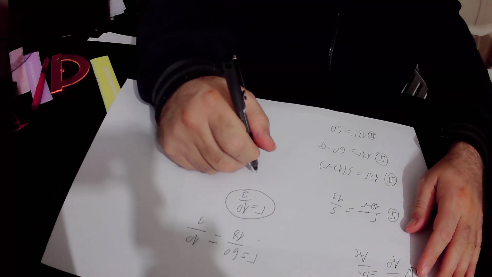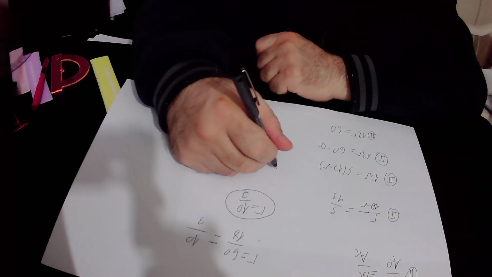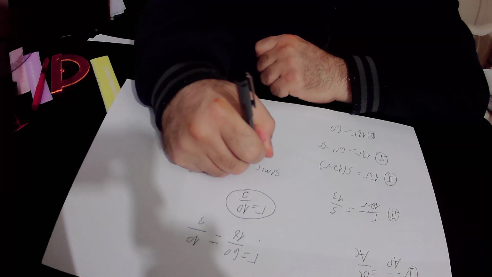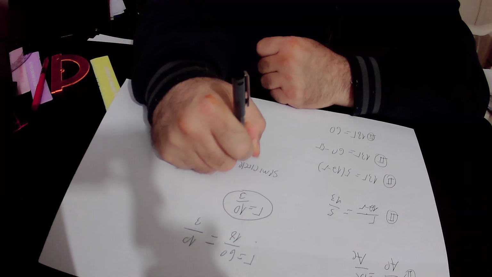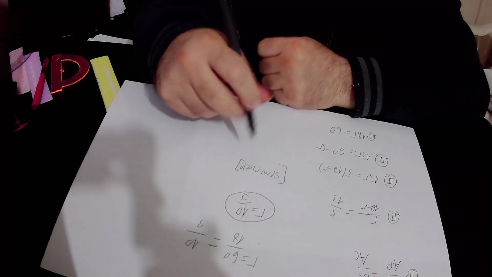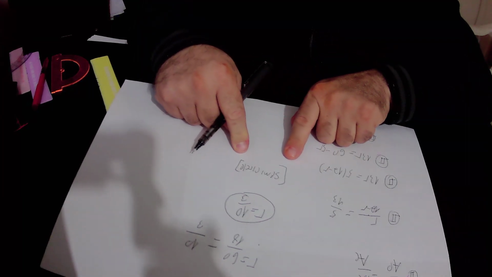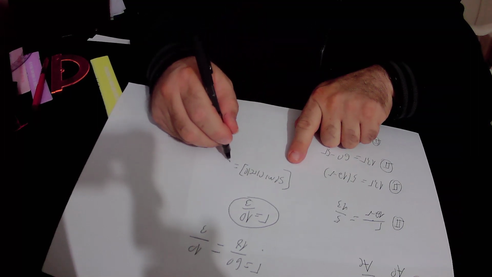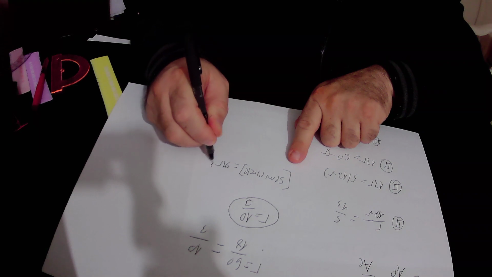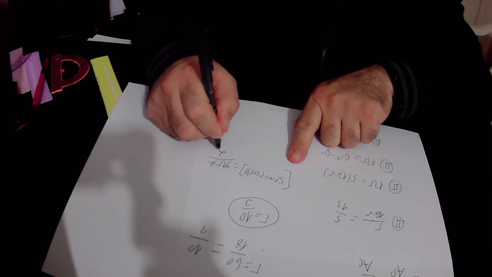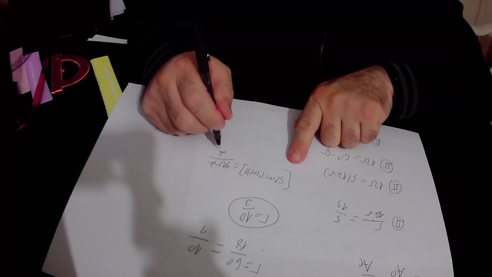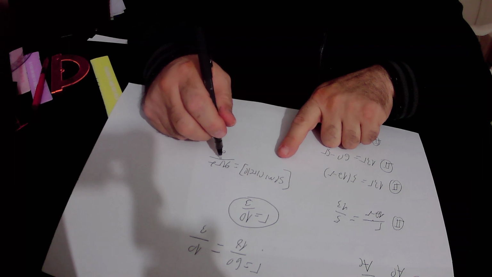And the area of a semicircle equals, actually this bracket is the sign for the area. It means the area of the semicircle. It equals pi r square over 2 because it is half of a circle. Therefore we will divide the area of the circle, that is pi r square, by 2.